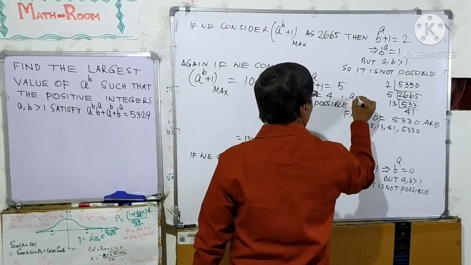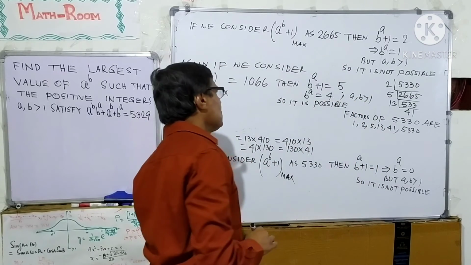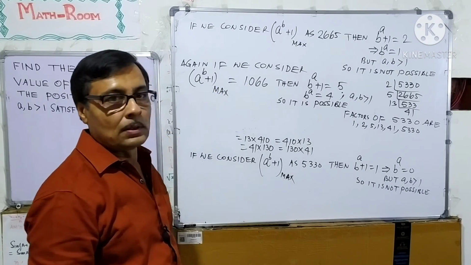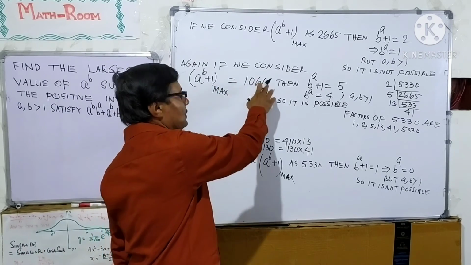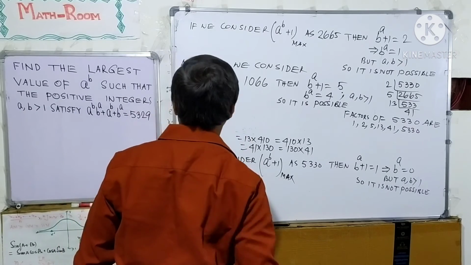Here also a, b are greater than 1, so it is possible. So the maximum value can be considered as 1066. This is the maximum value of a to the power b plus 1.